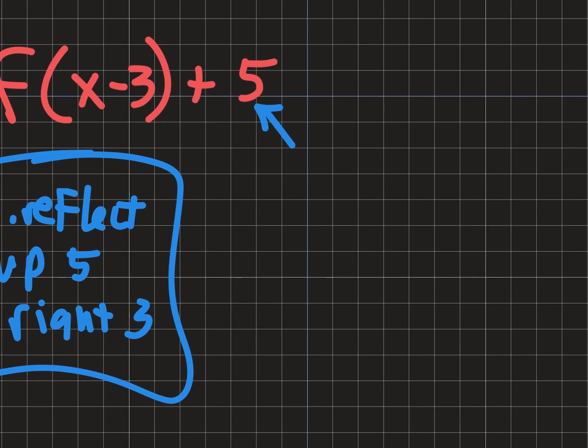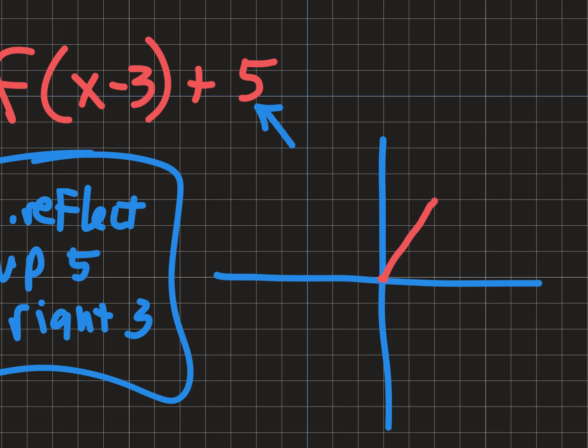What if that was the question and they wanted you to graph where this was the starting graph? It's like a little kind of not symmetrical little pointy mountain. And they said, do this to it.